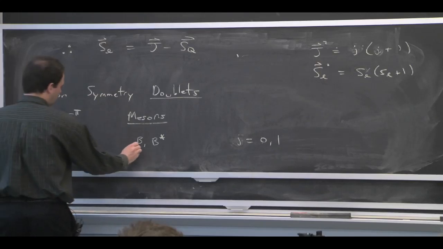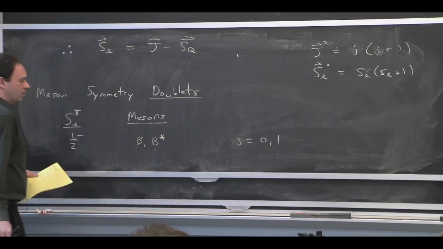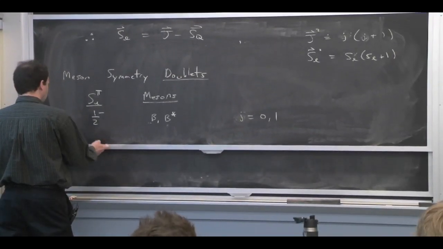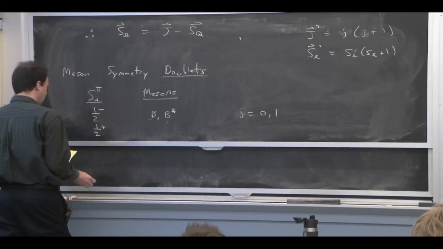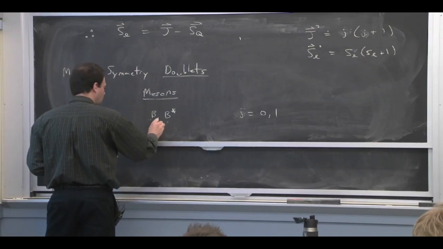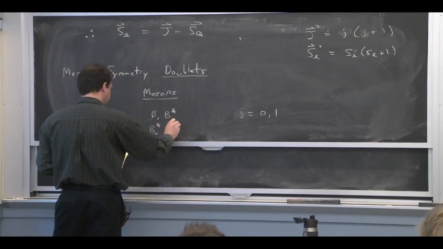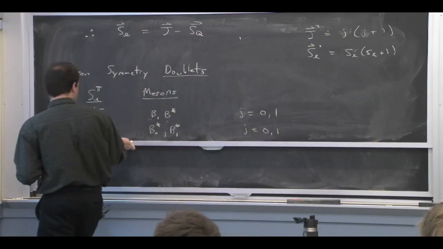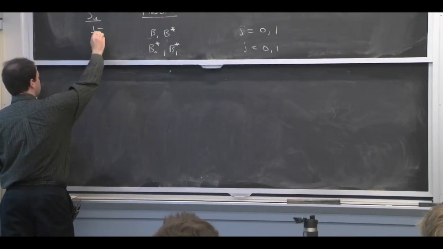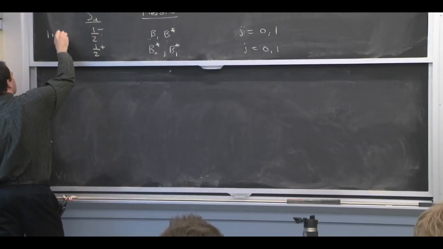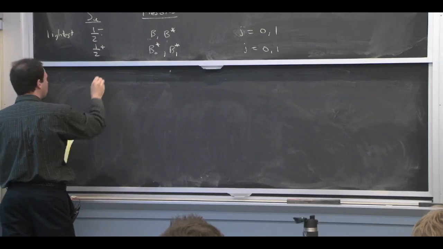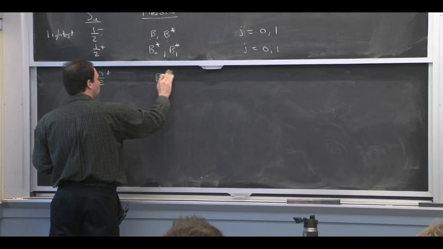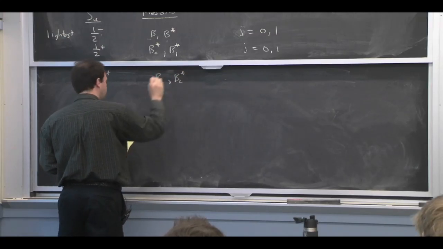So this is the scalar guy, and this is a vector guy. And the parity is negative, so it's a pseudoscalar. We can keep enumerating: there's a guy with opposite parity. These guys turned out to be heavier. This is the lightest. Ground state heavy mesons. 3/2 plus, called B1 and B2 star. All these things have been observed.